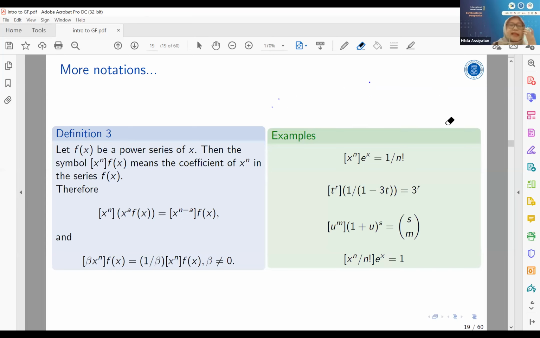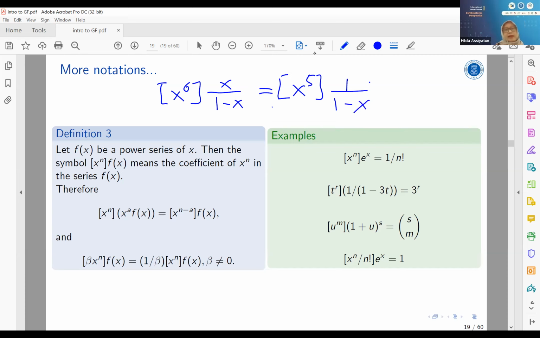Okay, for example, say I have this, what is [x^6] of it? So this would be the coefficient of x^5. Agree? Or to make it a bit clearer, say this is 2x.